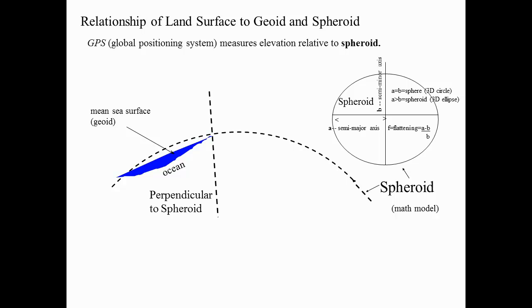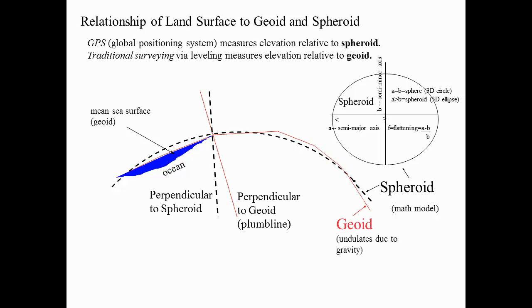And that dashed line in the mathematical model is just the trace of the spheroid representing Earth's surface. On the other hand, look at the ocean on the left and mean sea level. This is the height of the geoid at that location. And that geoid level is below the actual spheroid surface due to the gravity effect.